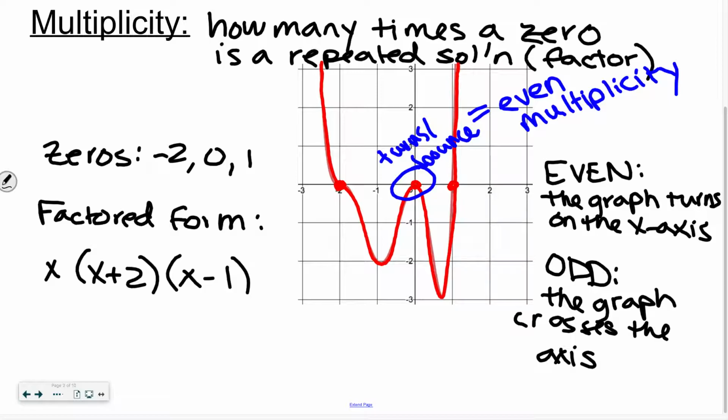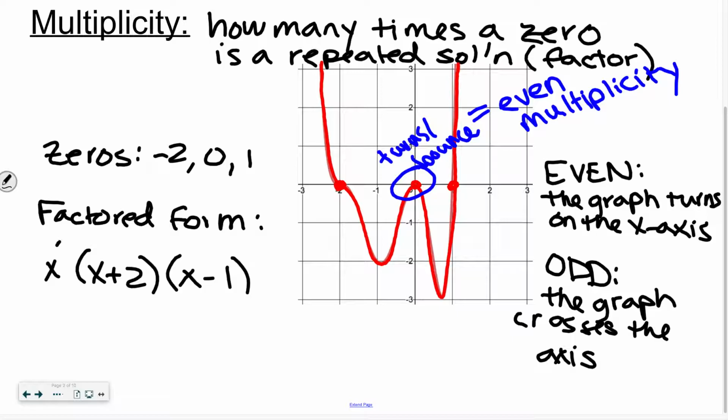Not if the zeros are odd, but if the number of times they show up is odd. Okay? Because multiplicity is how many times the 0 is a repeated solution, not what the value of the 0 is. So we just said 0 has to have even multiplicity, right? So that means that this factor of x had to occur an even number of times.